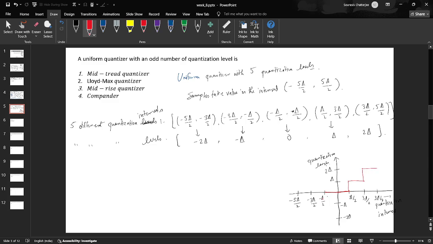Similarly here, the moment your sample goes beyond this interval to minus delta over 2 to minus 3 delta over 2, it becomes quantized to minus delta, and when it moves to minus 3 delta over 2 to minus 5 delta over 2, it is quantized to minus 2 delta.